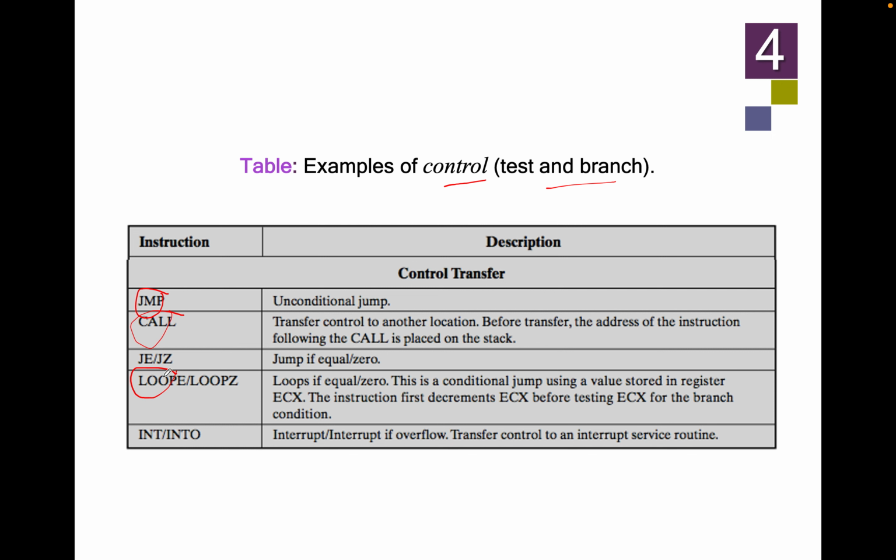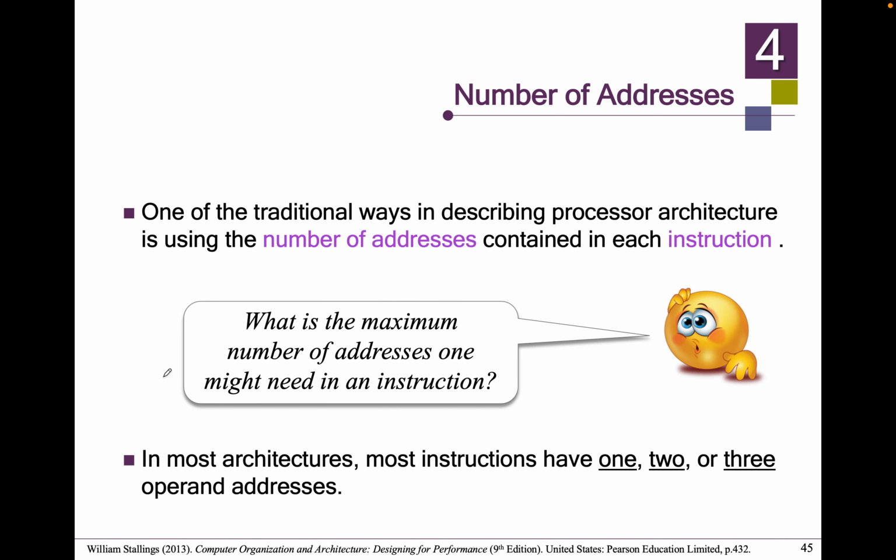Okay, next we're going to look into the number of addresses. One traditional way of describing processor architecture is using the number of addresses contained in each instruction. If you give one instruction, how many addresses does it contain?